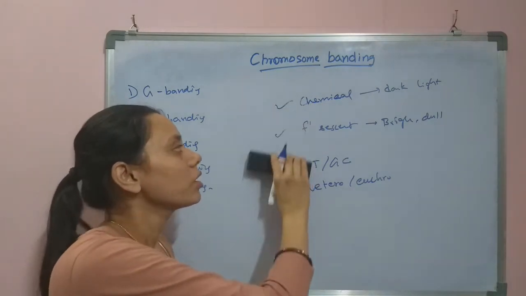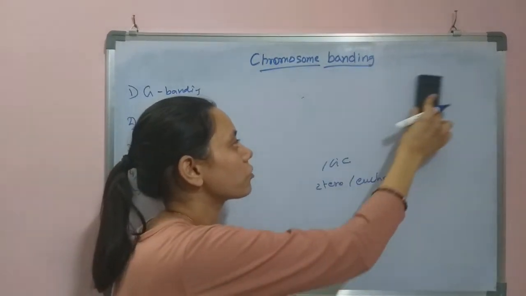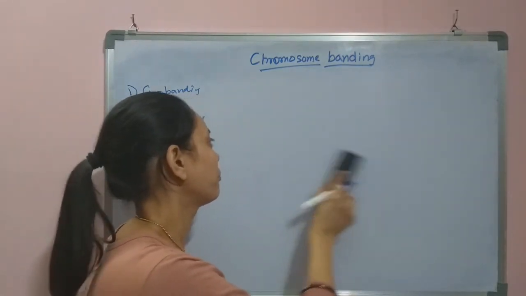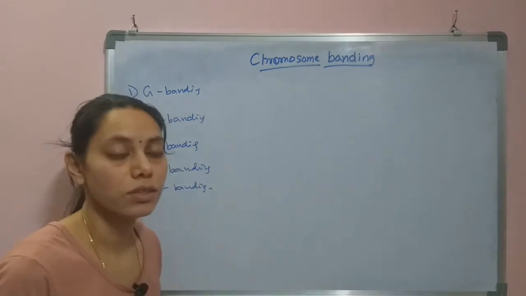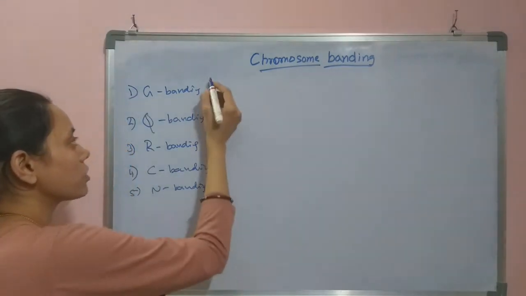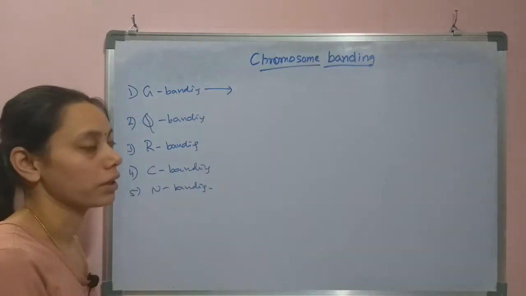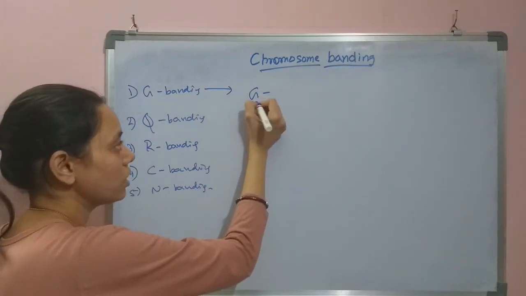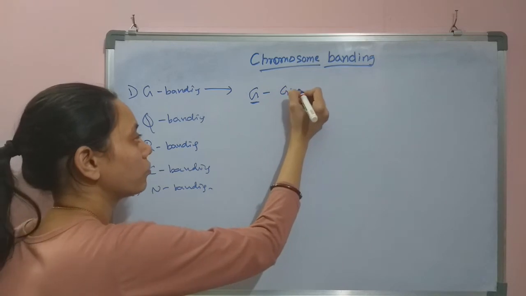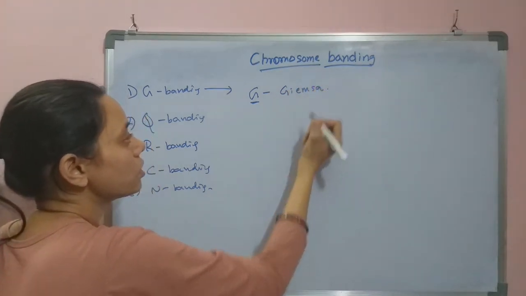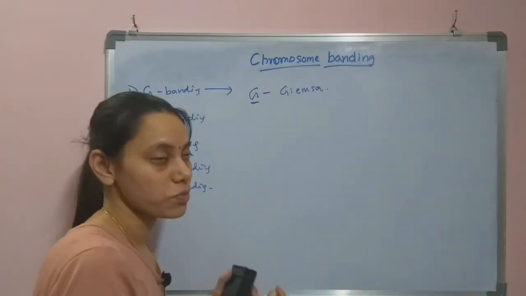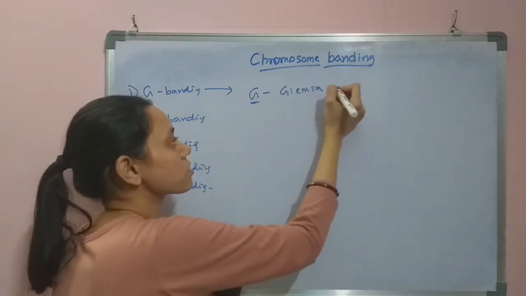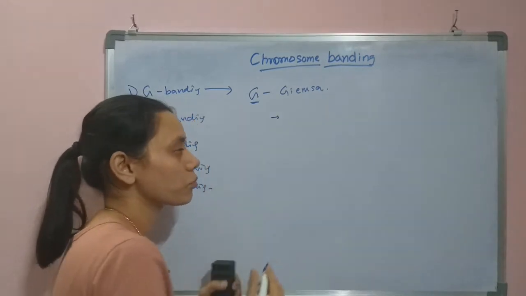So coming to the different dyes which make such differences in the chromosomes, the first one is G banding. G stands for Giemsa dye, which is a chemical dye, and this is the most popular method of chromosome staining.